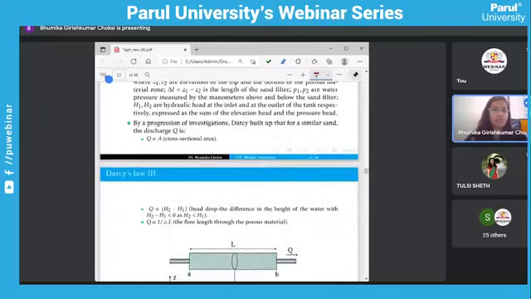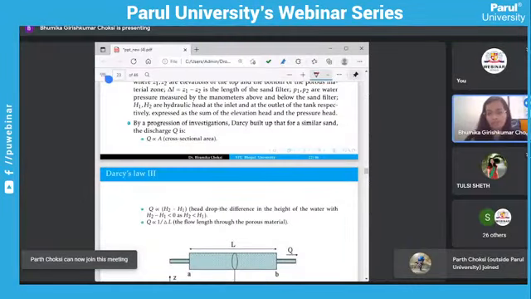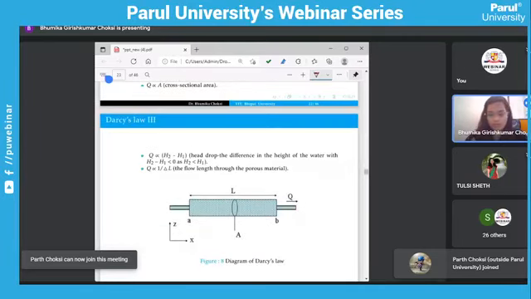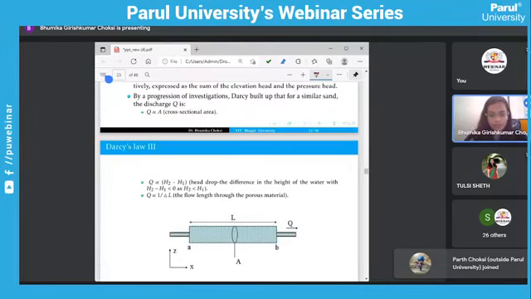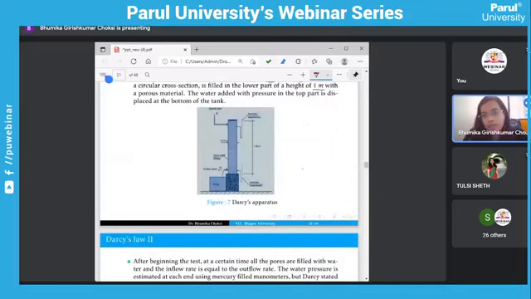By using our regular governing laws, Darcy investigated that the water discharge, capital Q, is directly proportional to the cross-sectional area, capital A, of this apparatus, and the head difference, meaning the pressure difference H2 minus H1, at top and bottom.